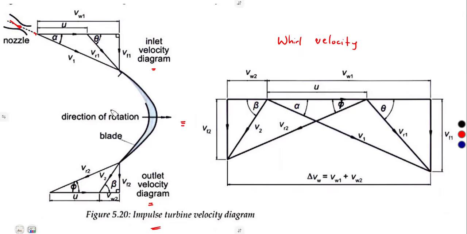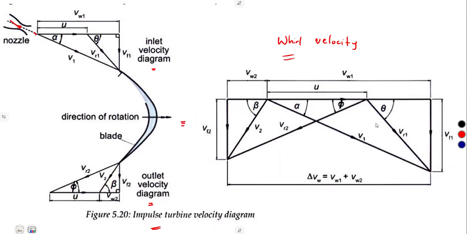What we just had on the inlet is the same thing that we have on the outlet, only that now we have VR2 where we had V1, and V2 where we had VR1. So you must be careful about that. We also have the flow velocity on the outlet, the wheel velocity, and then the blade velocity.